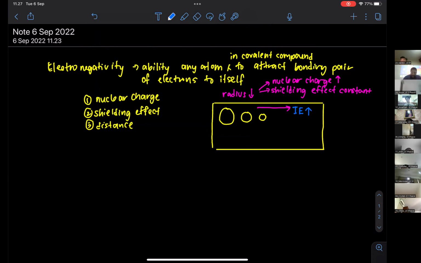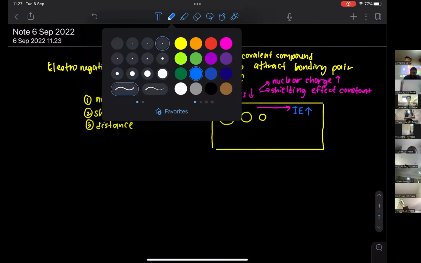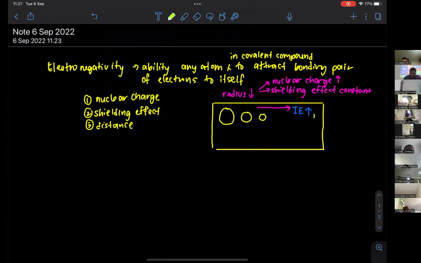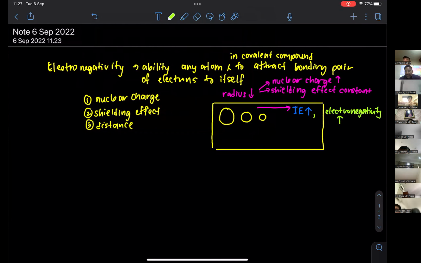But now we are going to relate this to electronegativity. Electronegativity is more when you go across the periodic table. Same reason: nuclear charge is more, shielding effect remains constant. The nucleus will have greater attraction towards the electron, therefore they can attract the electrons closer to themselves.